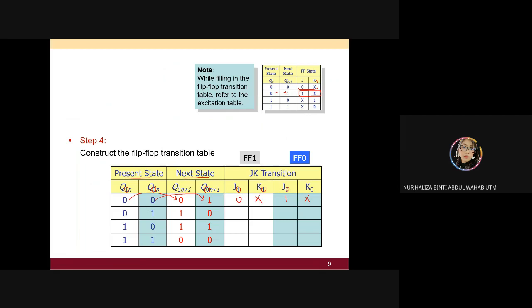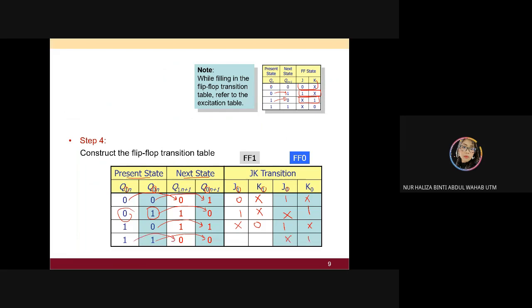Next, we have Q0 to our Q1. 0 to 1, 1 to 0 is going to be x1. And then we have here 0 to 1 will be 1x. 1 to 1 x0. 1 to 0 x1.